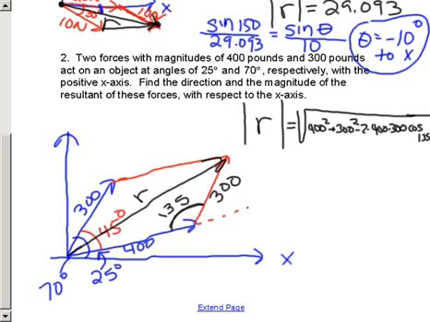You better really know what you're doing, because I wrote really small. So the square root of 400 squared plus 300 squared minus 2 times 400 times 300 cosine of 135. Now what do we get? That sounds right. 647.847.